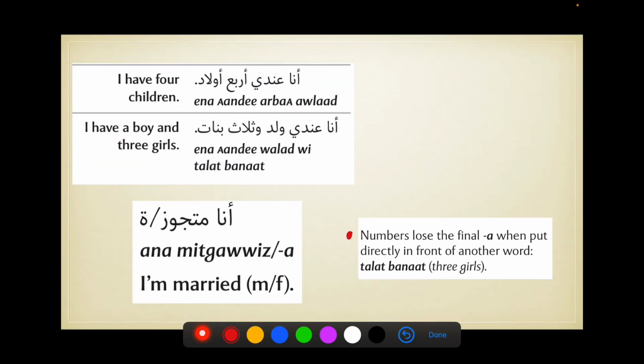We will learn something here: a number loses the final A when put directly in front of another word.